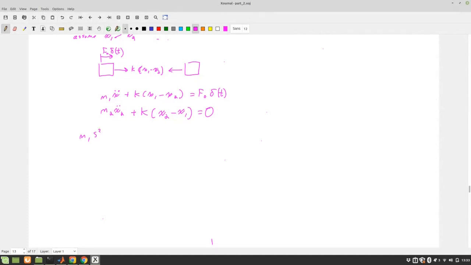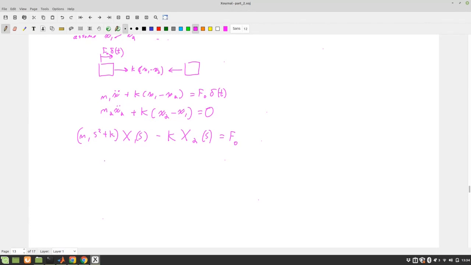Okay, so I have m1 of s squared plus k, all multiplied by x1 of s, minus k x2 of s, is equal to f naught, right? Because the Laplace of delta is just 1.